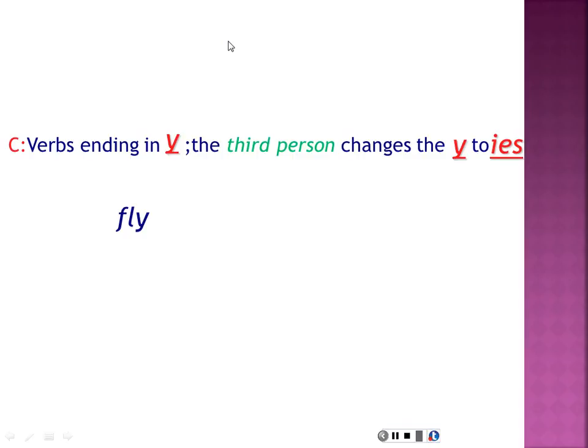Fly, we have a fly here. When we have a singular third person, for example he or it or she, we have to change the y into ies. So fly becomes flies. He flies, she flies, and it flies.